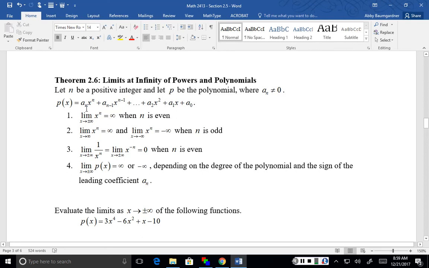All right. Then the limit of x to the n is infinity if n is even, and that should make sense. Regardless of whether you evaluate at a positive number or a negative number, if you raise it to an even power, the answer is always going to be positive.